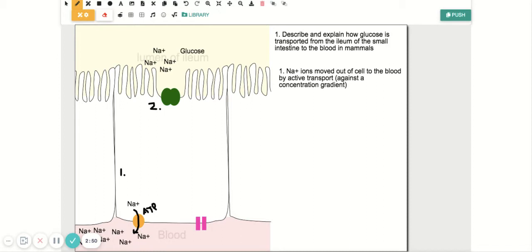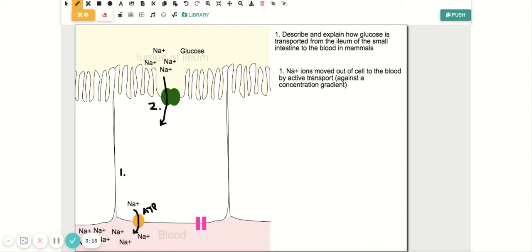So what that means is that sodium ions will diffuse down their concentration gradient into the cell by facilitated diffusion. What actually happens is that the sodium ions use this sodium glucose co-transporter. So this is where co-transport comes in.